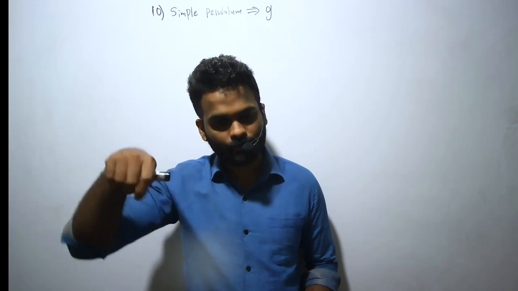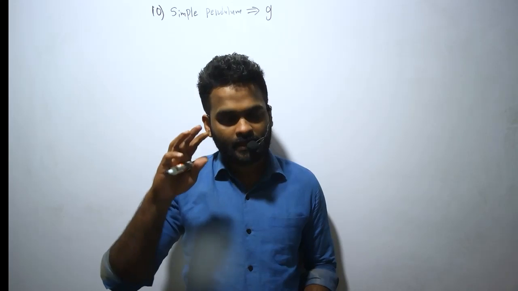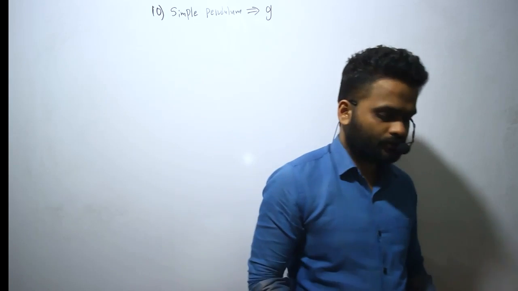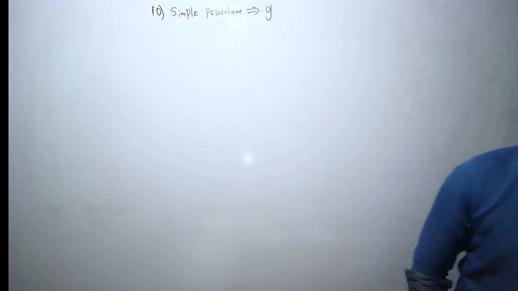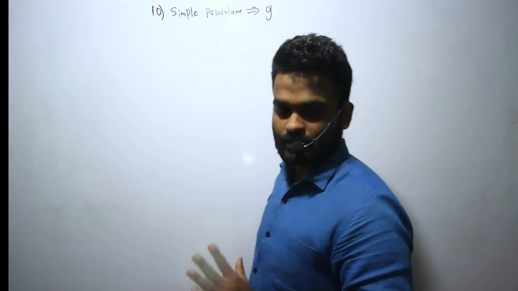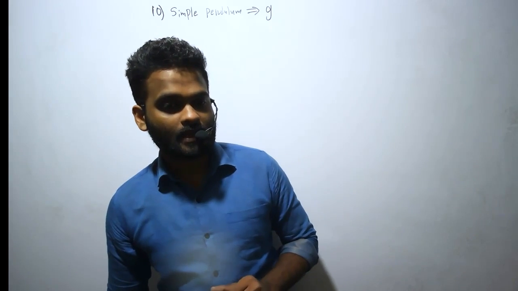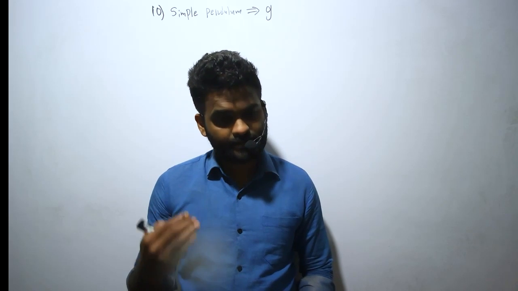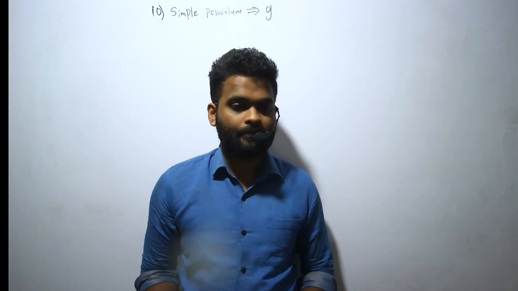On the moon, if you do this experiment, you can find the gravitational acceleration there. But here, we are doing the experiment on Earth, right? So we are going to find the gravitational acceleration on Earth. But any other gravitational acceleration can also be found using this same practical, right?